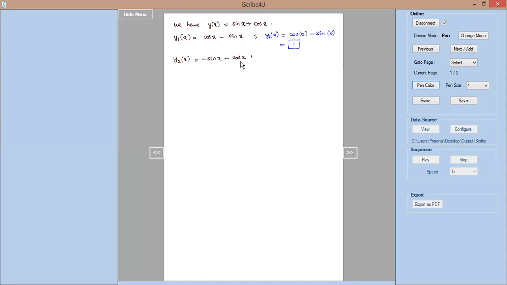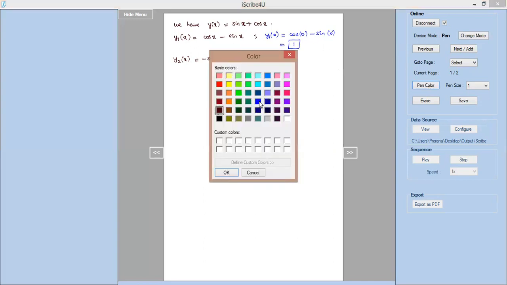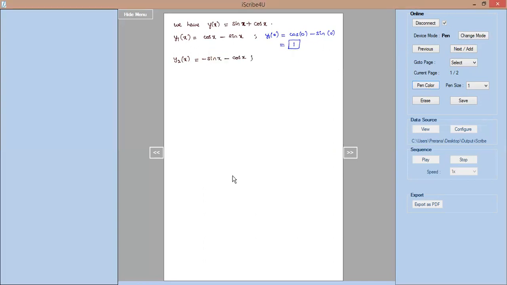So keeping this, we have to find y2 at the point 0. y2 of 0 is minus sine 0 minus cos 0, so this will be equal to minus 1. Sine 0 is 0, cos 0 is 1. There is a minus sign, that is why minus 1. So this is y2 of 0 for us.